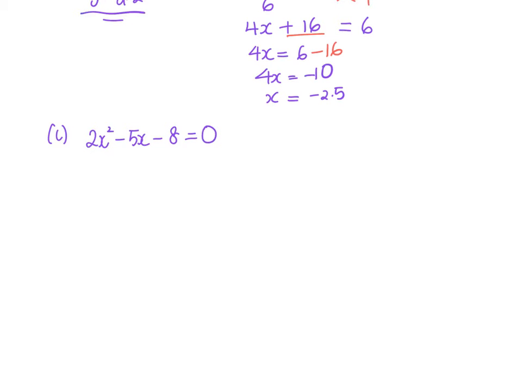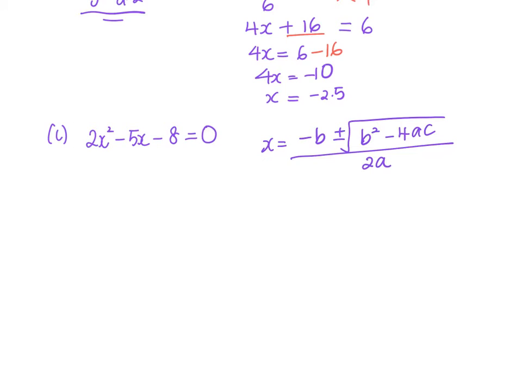So that is actually a hint that we can't solve this by factorization. Therefore, we're going to use the formula. What's the quadratic formula to solve the equation? x equals to negative b plus or minus square root of b squared minus 4ac over 2a.